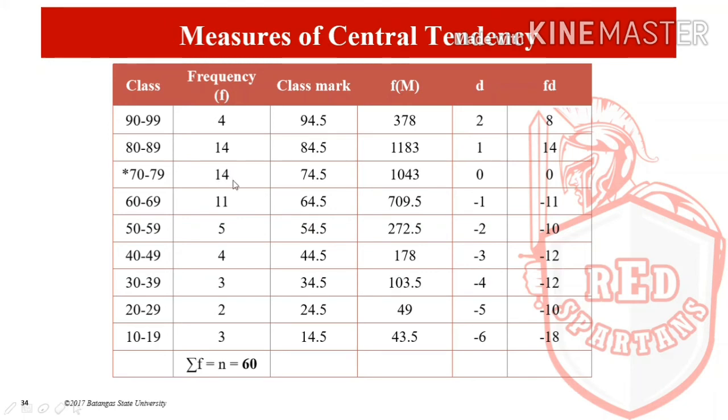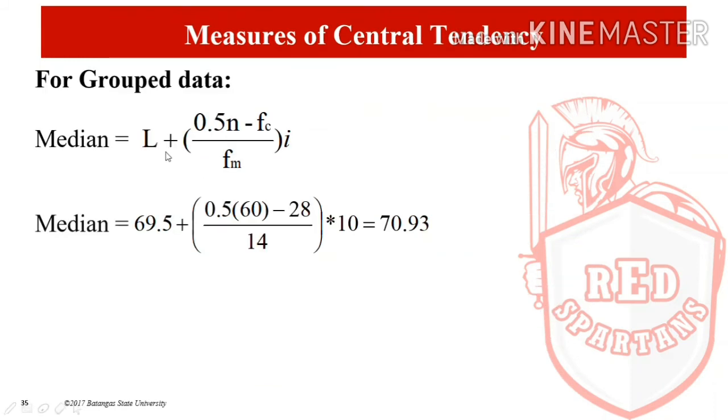So, pwede na natin kunin yung median ng grouped data. Yan yung formula natin: L plus 1/2 or 0.5 ng n minus Fc over Fm times i. L natin or exact lower limit, yung ating class interval is 70 to 79, so babawasan natin yung 70 ng 0.5 na 69.5.